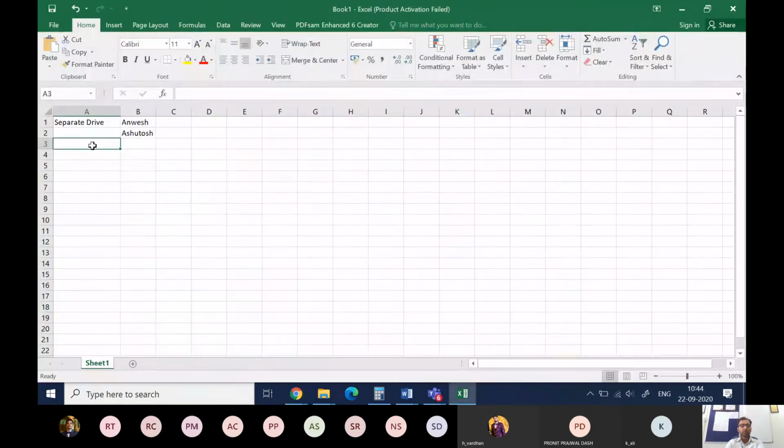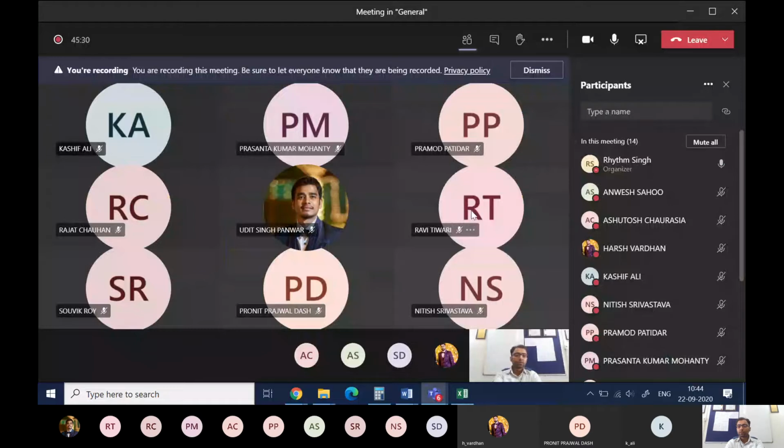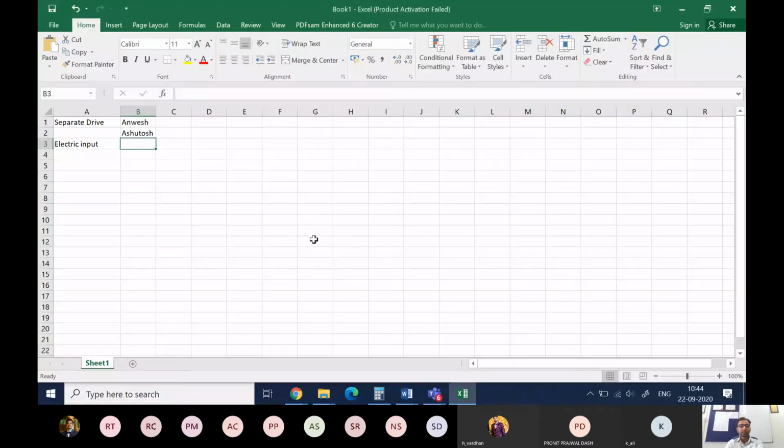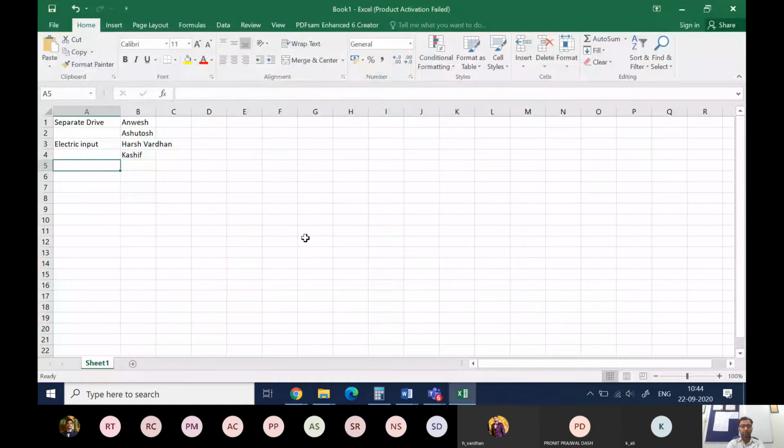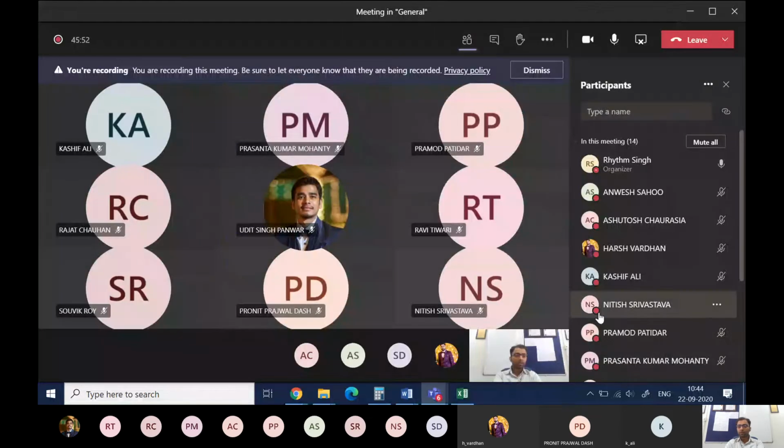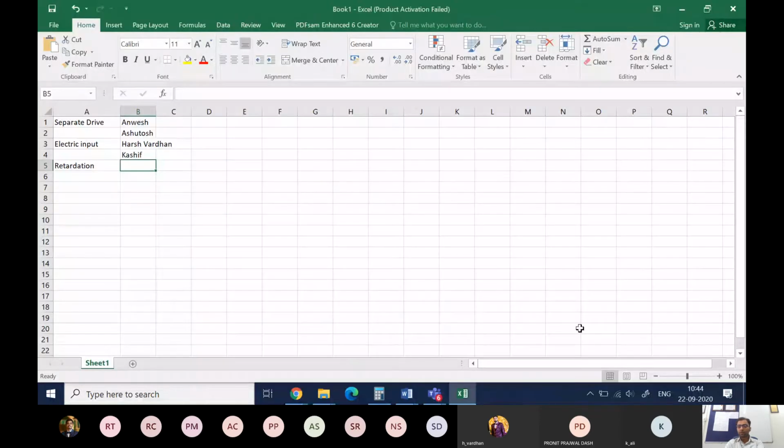Then we have the electric input method. Next 2 people, Harshvardhan and Kashif. The third method here is the retardation method, Nitish and Pramod.